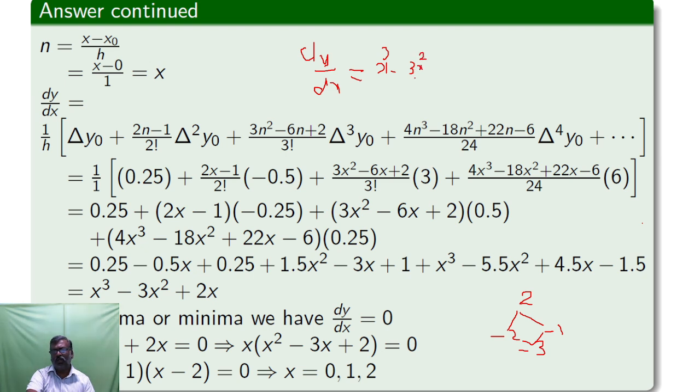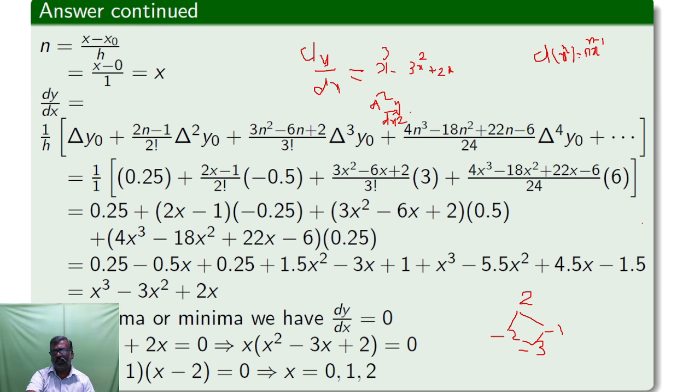You have to use the formula: d of x power n equals n into x power n minus 1. Use this differentiation formula to get the second order derivative. You get d squared y by dx squared equal to 3x squared minus 6x plus 2.